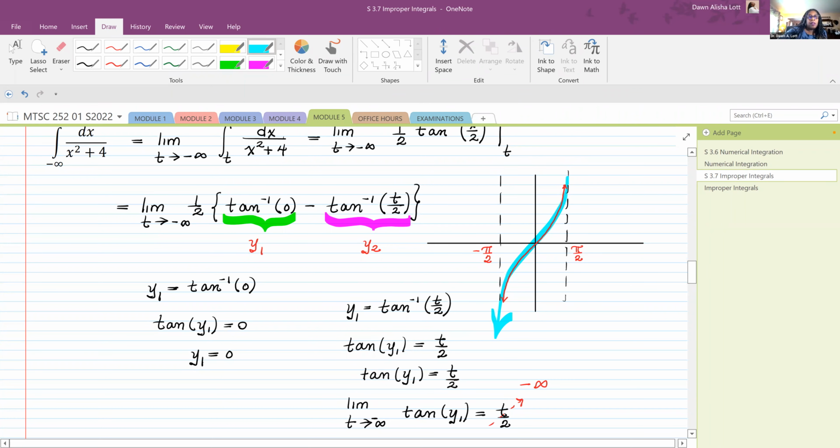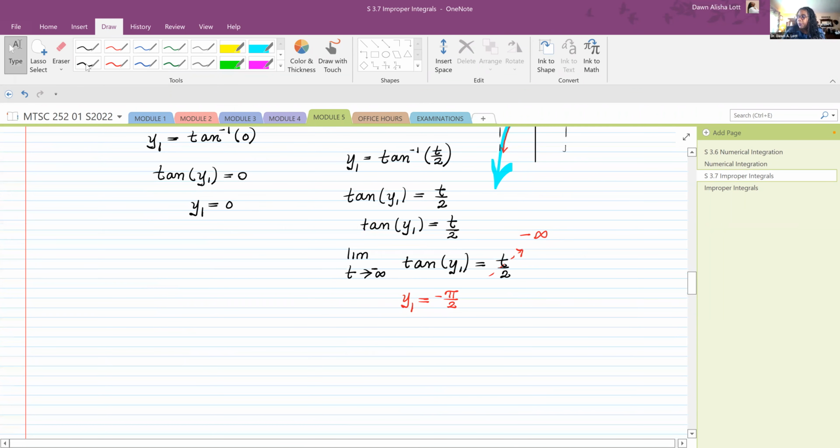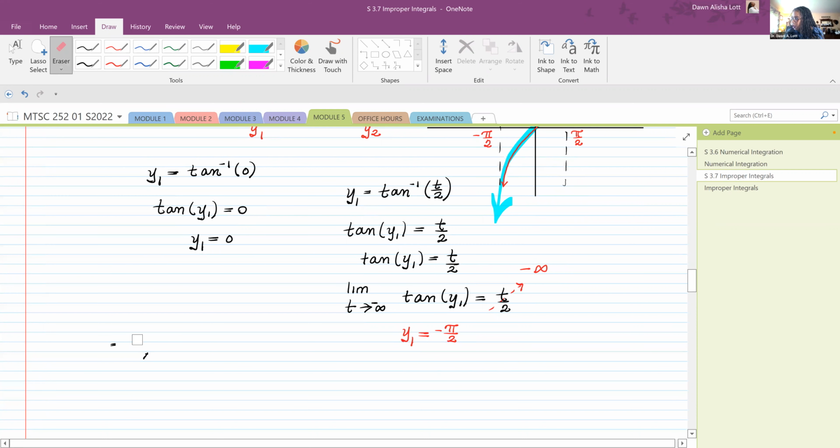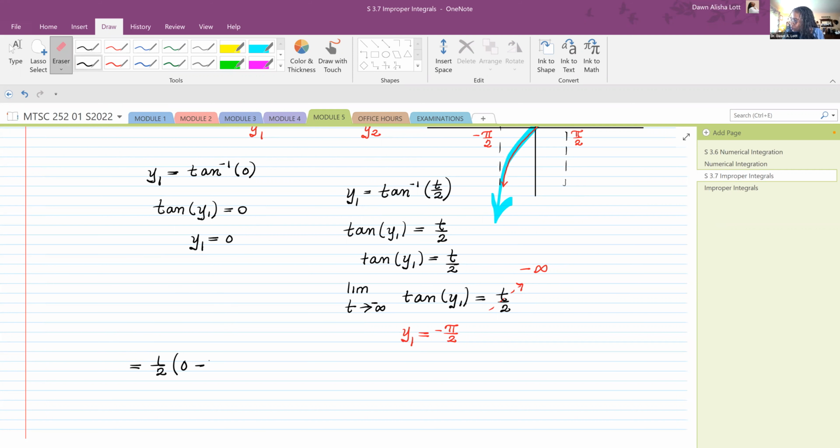Now if I go back to my problem, we already know what everything is. I'm just going to put in 1/2, we got 0, and then we got minus a negative pi over 2.